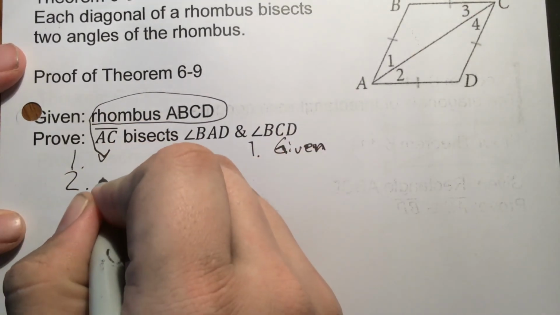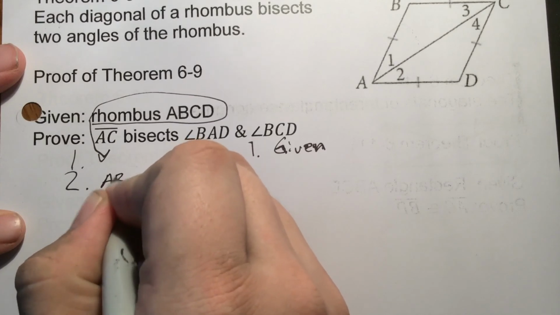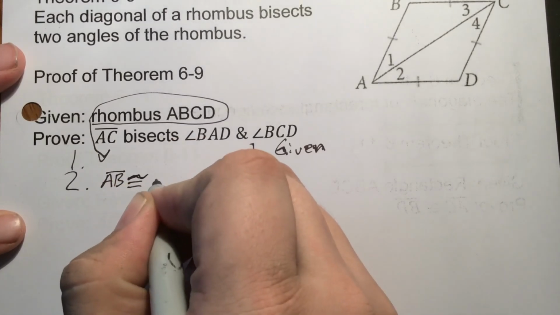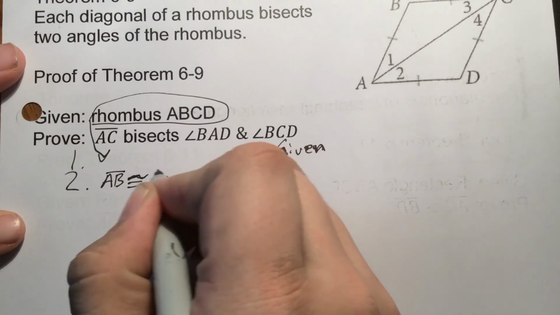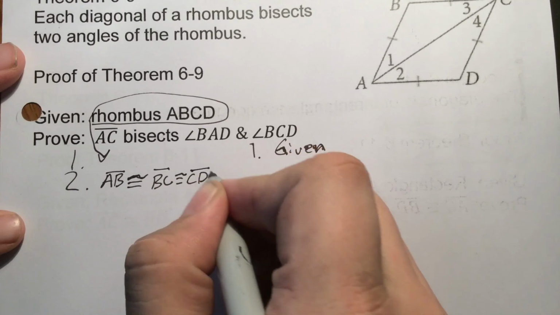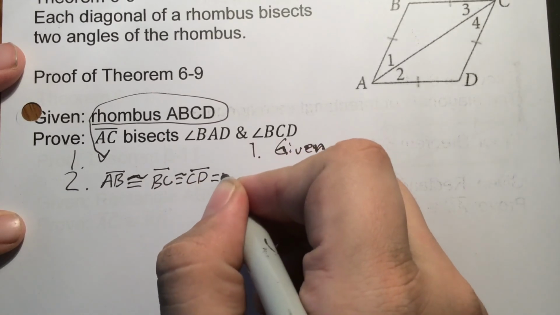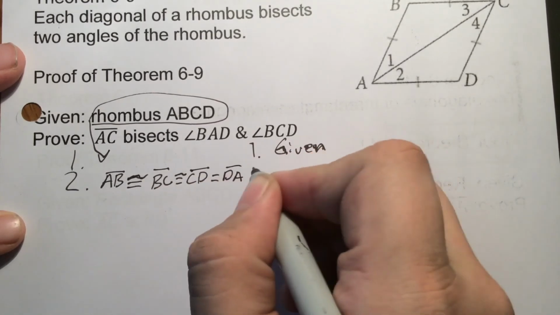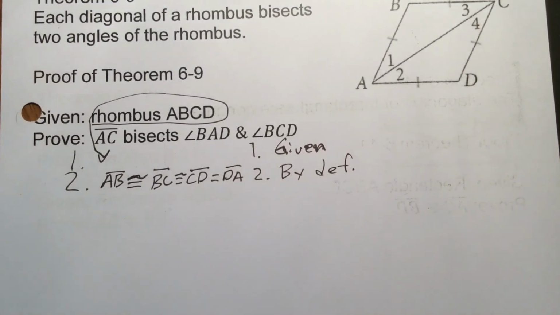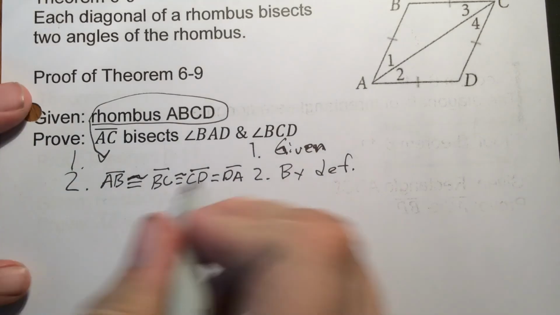So that's going to be our next step: AB is congruent to BC, which is congruent to CD, which is congruent to DA. And that's going to be by definition. So if it's a rhombus, we know all four sides are going to be congruent.